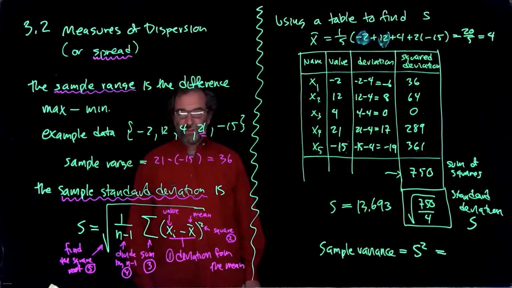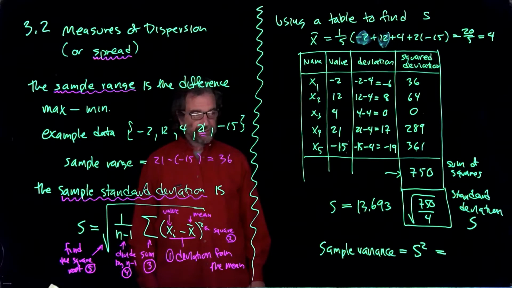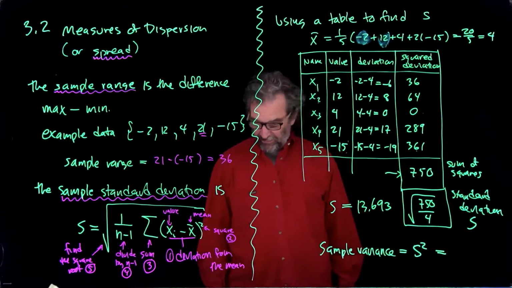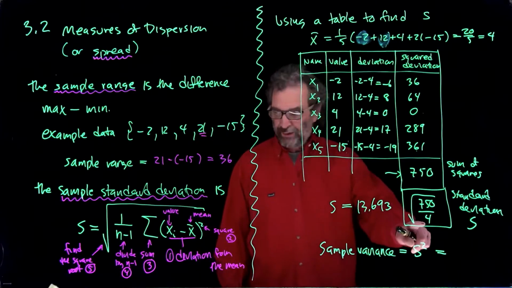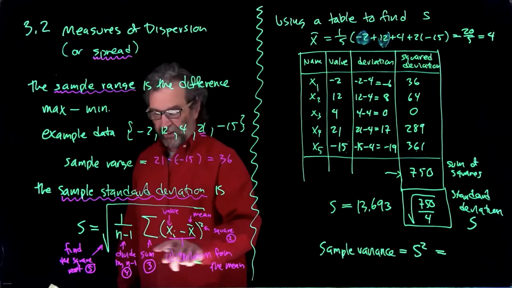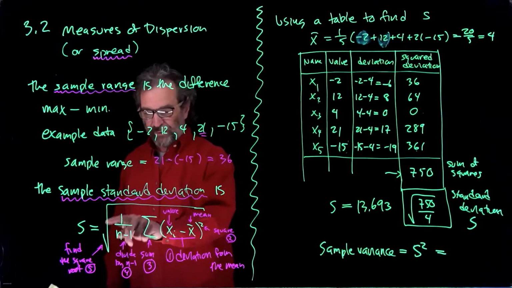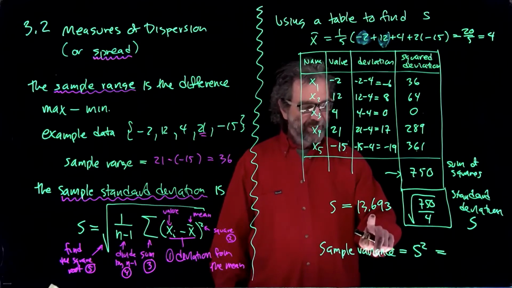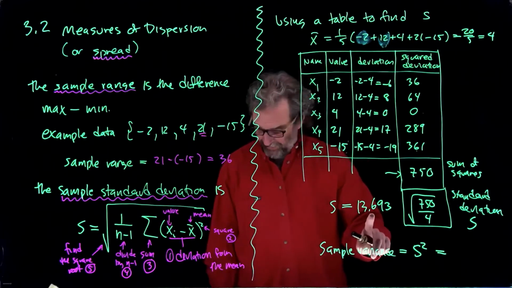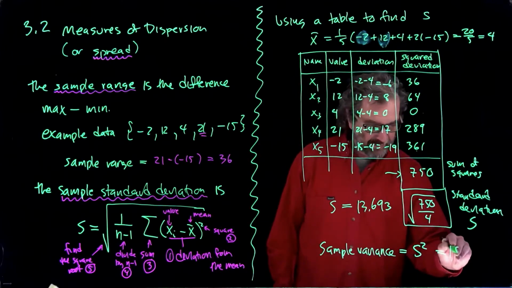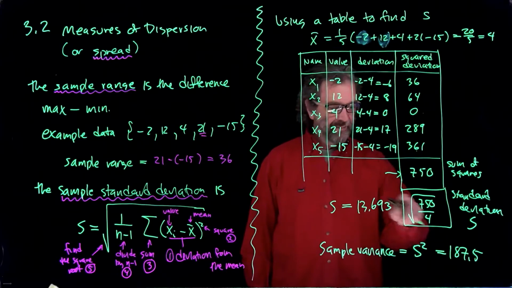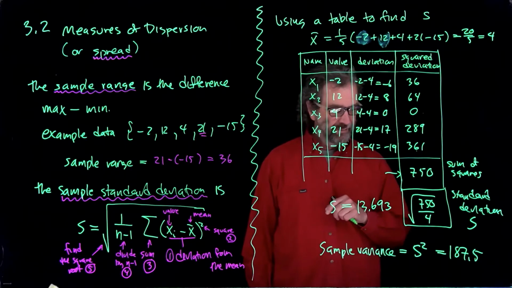And finally, there's something called the sample variance. The variance is what you get before you take the square root. So this business inside the square root sign, that's the variance. Or we take this sample standard deviation and then square it. If we square that number, we get 187.5. Or we take 750 divided by 4, and I'm supposed to get 187.5.